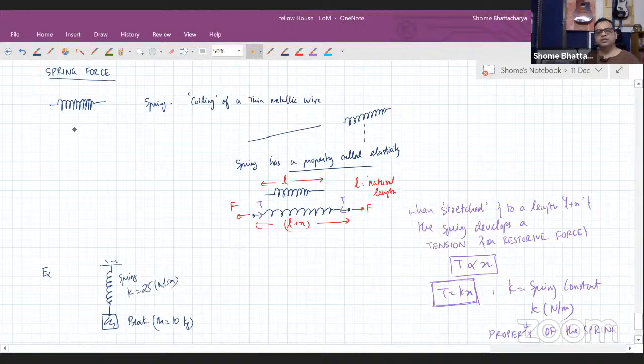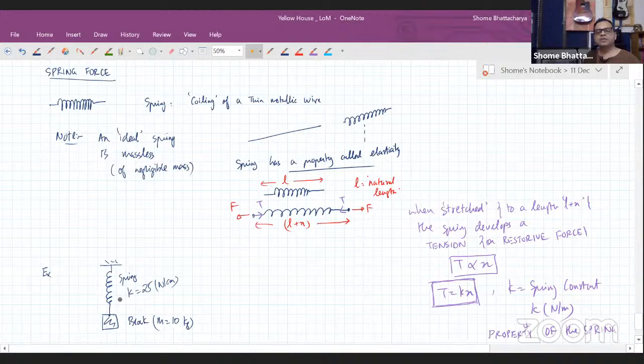Now, one more thing you should understand, that an ideal spring is massless. That is, its mass is negligible. So, in all these questions where a spring is given to you, you'll always assume that it's an ideal spring and it is massless, that is of negligible mass.